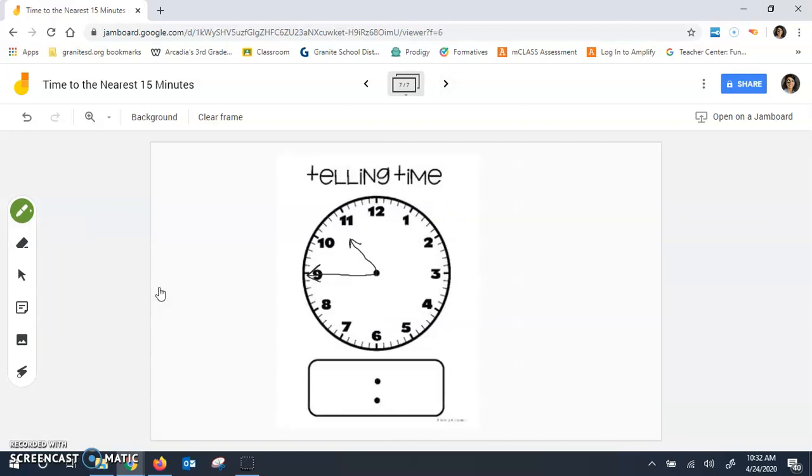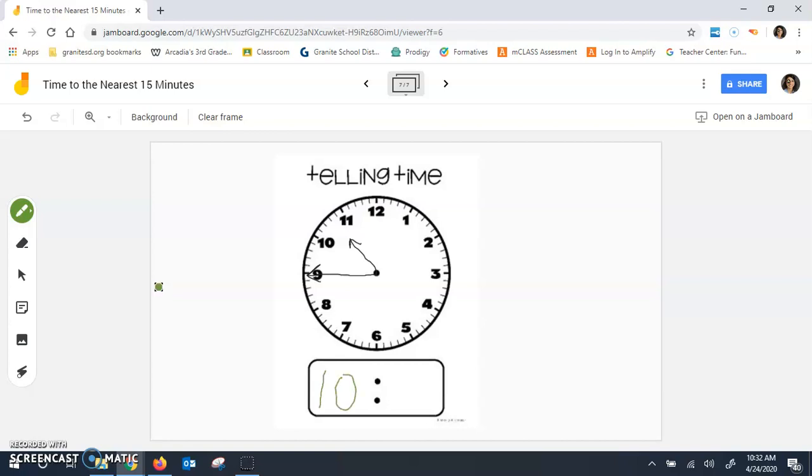Looking at this clock, I didn't color code it, but you know that your short hand is always going to be your hour hand. And I'm in between 10 and 11. So I know that I'm closer to the 11, but if I'm in between two numbers, I am going to always go with the smaller number. So in this case, it would be 10.